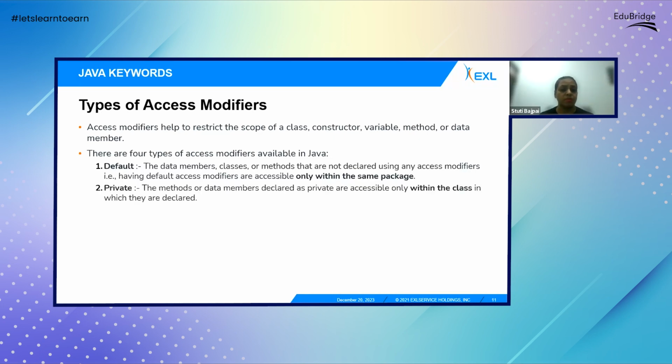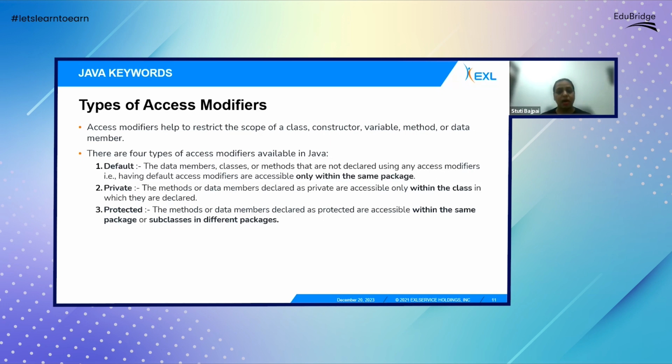Private is private to a class. So if I specify a private method, or if I specify a private variable, then this is not accessible to any other class or subclass. It is just scoped under the containing class itself. Protected members are available within the same package, like default, or to the subclasses in a different package.